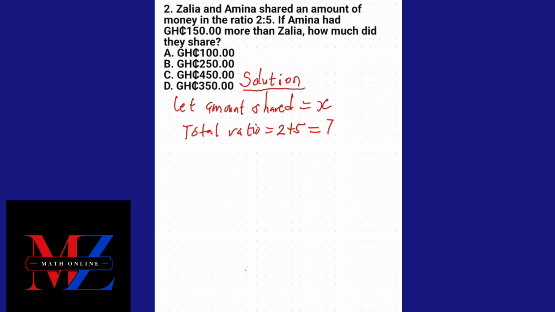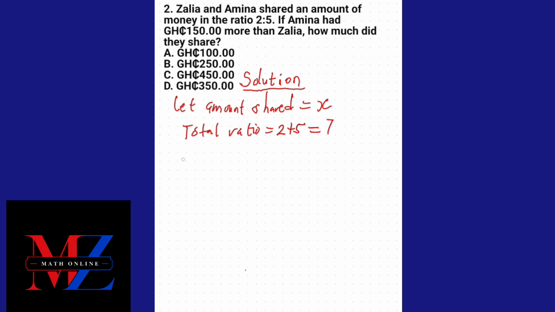Now, since Amina's share exceeds that of Zelia by 150 Ghana cedis, we're going to try finding the share of each of these ladies, assuming that the total amount shared is x as indicated. Then the difference between Amina's share and that of Zelia's share will be 150 Ghana cedis as indicated in the question.